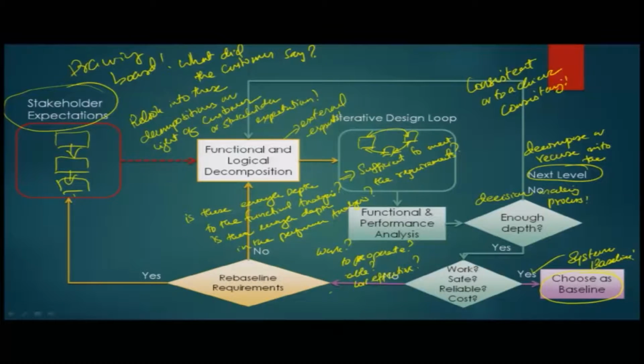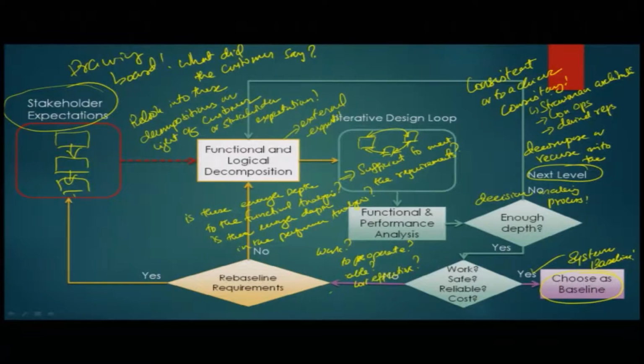Okay. Consistency among what? Consistency among the Strawman architecture, then the ConOps, and then the derived requirements.